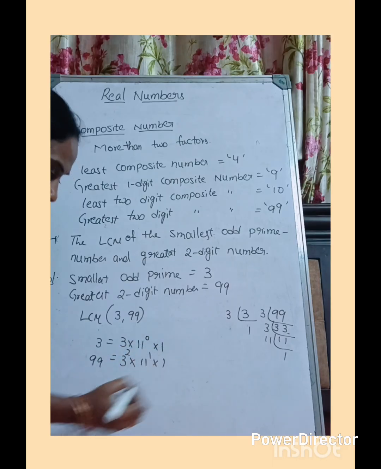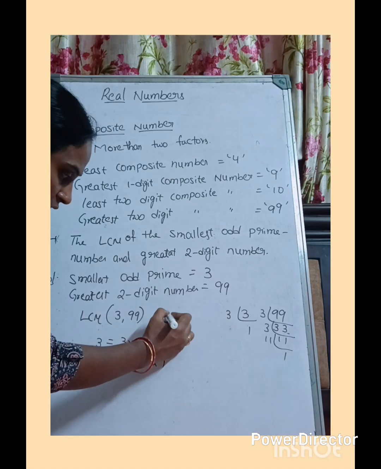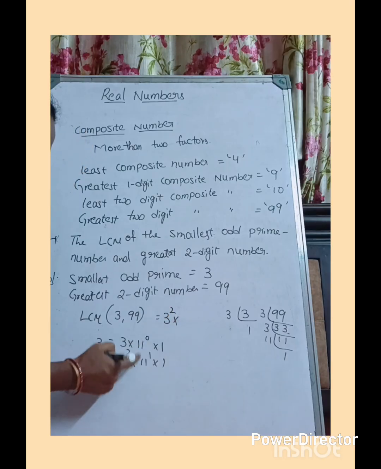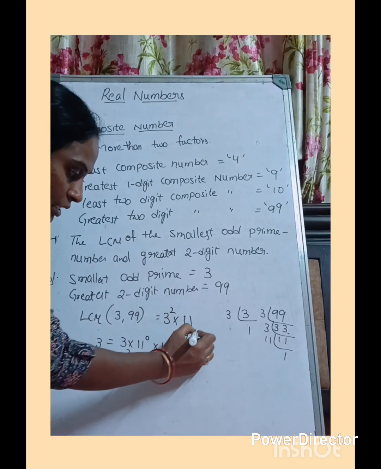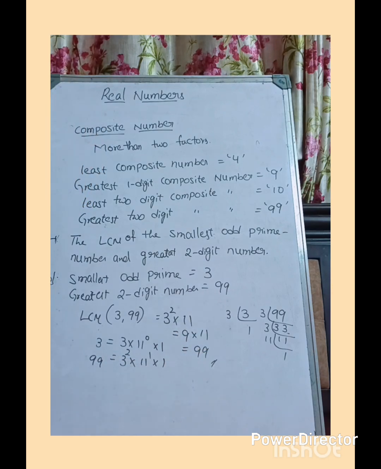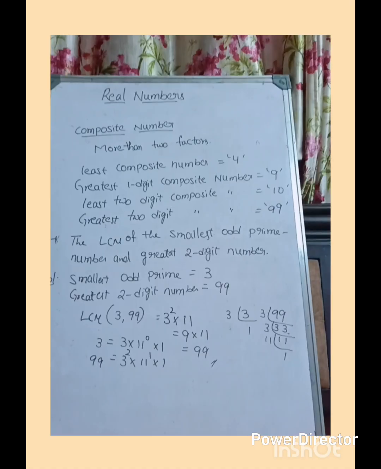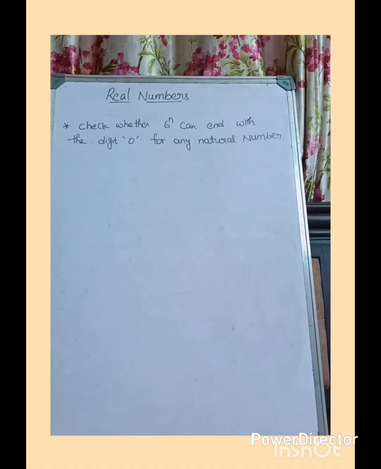Now LCM means we should go with the highest powers. In 3s, the highest power is 3 square. In 11s, the highest power is 11. So 3 square is 9, 9 into 11 is 99. So the LCM of 3 and 99 is 99.